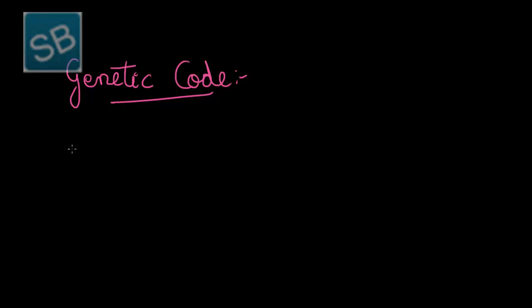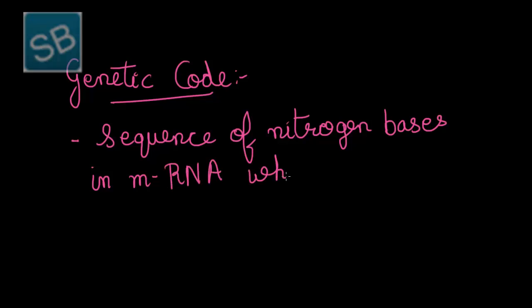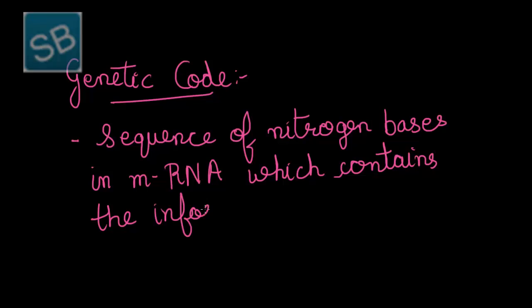Genetic code can be defined as the sequence of nitrogenous bases, that can be called even as nucleotides, in mRNA, which contains the information for the synthesis of new protein molecules.